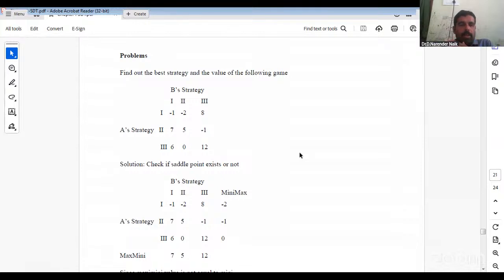Solution: check if the saddle point exists or not. A strategy rows are -1, -2, 8; 7, 5, -1; 6, 0, 12.